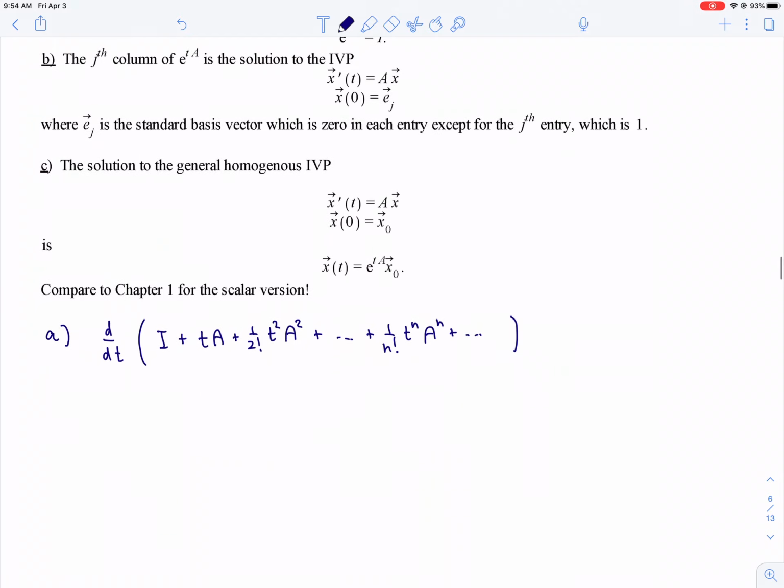Now, if this was a finite sum, I know that the derivative of the sum is the sum of the derivatives. I'll just say, with analysis, you can justify for the infinite sum interchanging summation and differentiation as well.